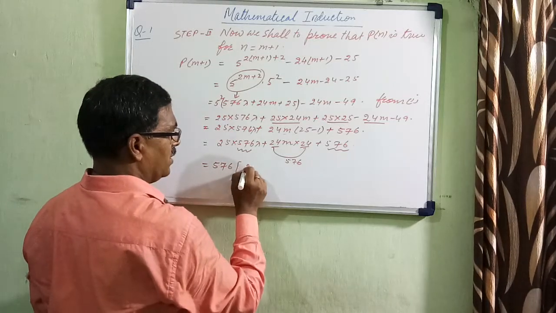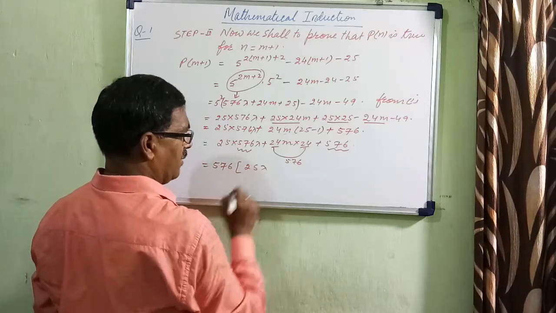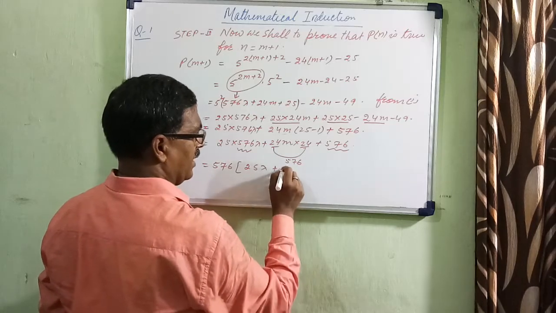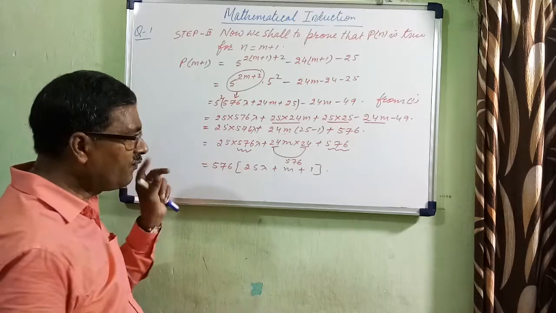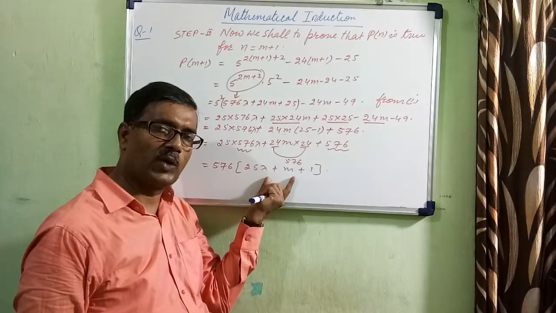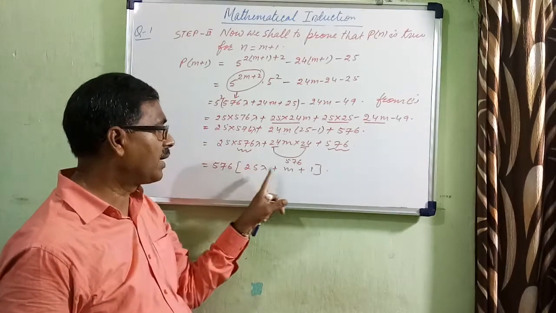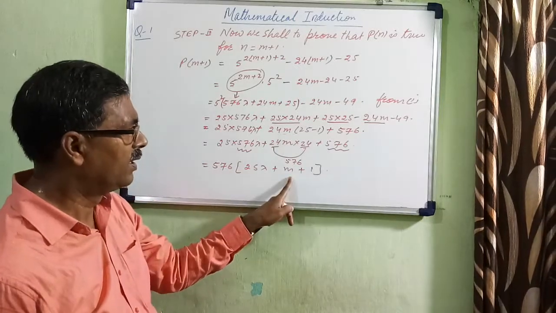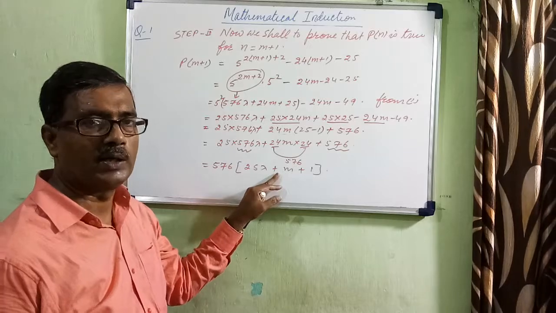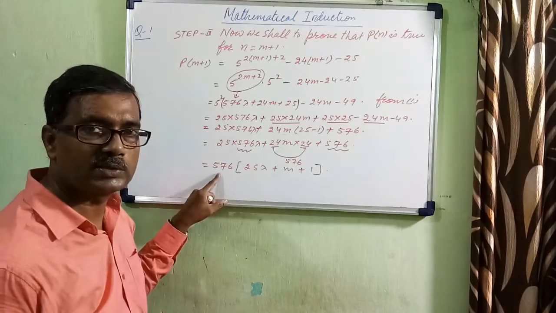What is left? 25 lambda plus m plus 1. Now, if lambda and m are any natural numbers, whatever number comes in the bracket, it is a multiple of 576.